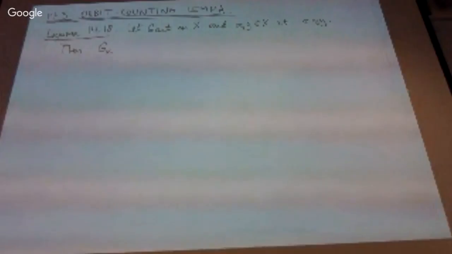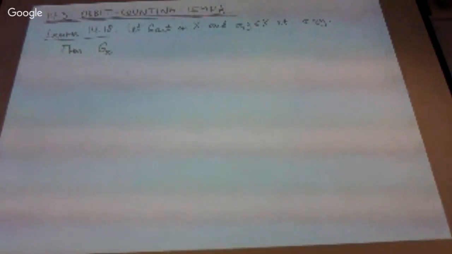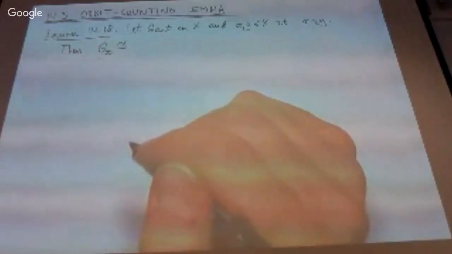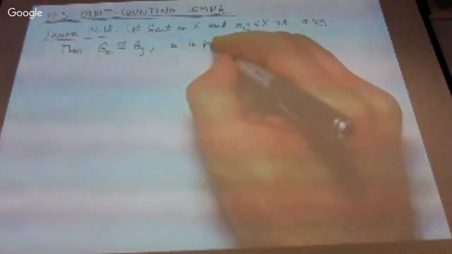Tilde subscript G. I wrote the tilde first, and then I added the G to make it more precise. But yeah, it means that they're in the same orbit. So the stabilizer of X is isomorphic to the stabilizer of Y. So in particular, they have the same order.